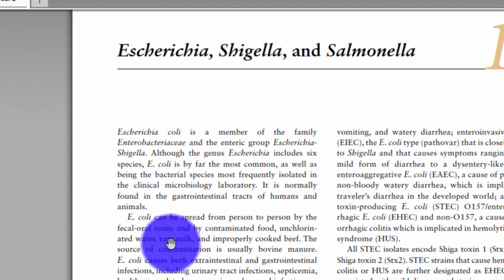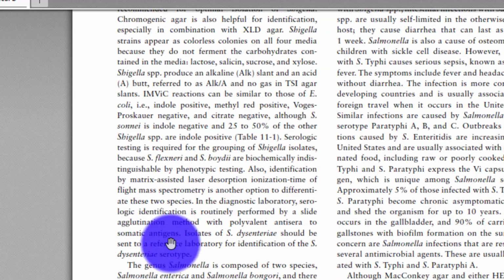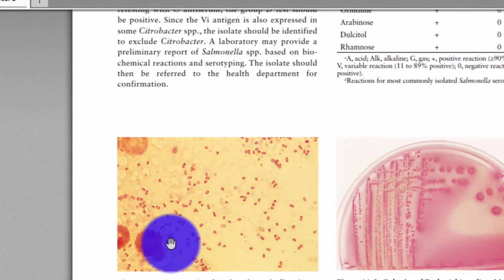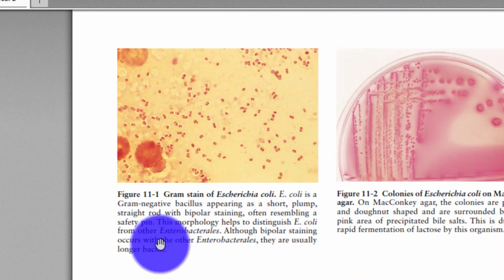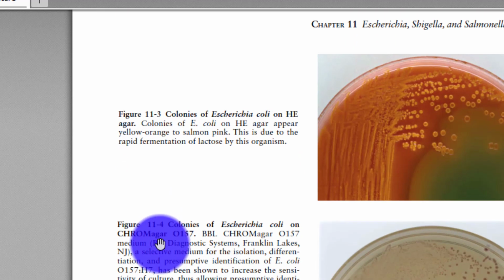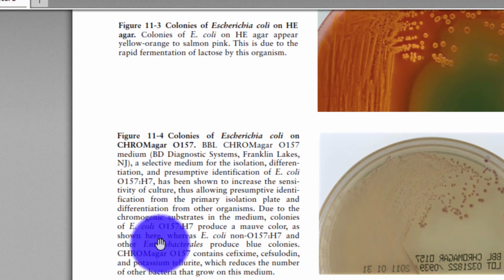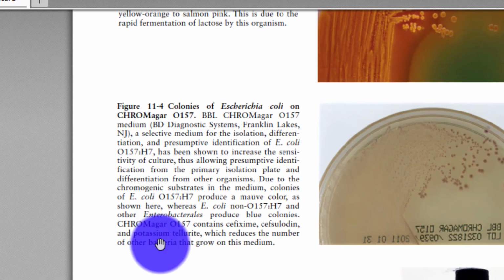Escherichia, Shigella, Salmonella. Gram stain, colonies of Escherichia coli on MacConkey, colonies of Escherichia coli on agar, colonies of Escherichia coli on chromagar.